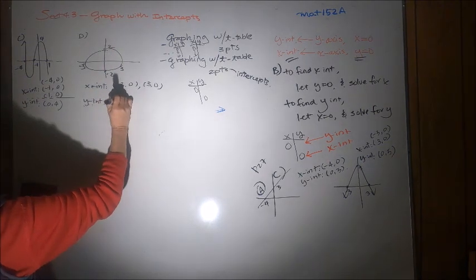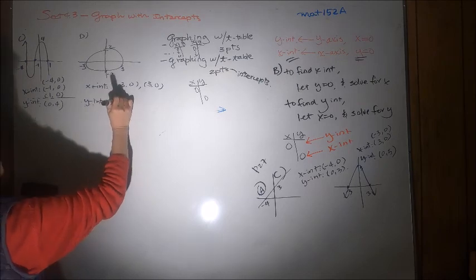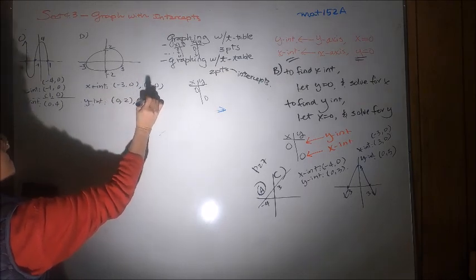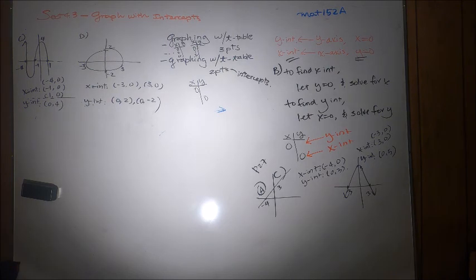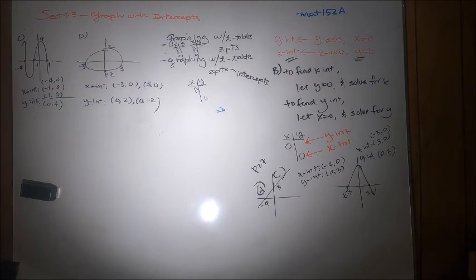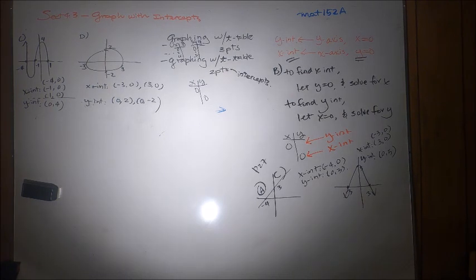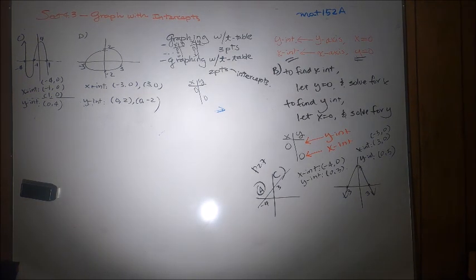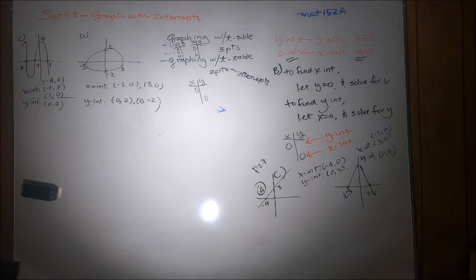That would be 0, 2, and 0, -2. Okay? So when you do the problems, sometimes you will mingle your x and y and get a little bit dyslexic. It happens. So just pay attention to it. So what did we just talk about? We talked about x-intercepts, y-intercepts, and how to identify them.